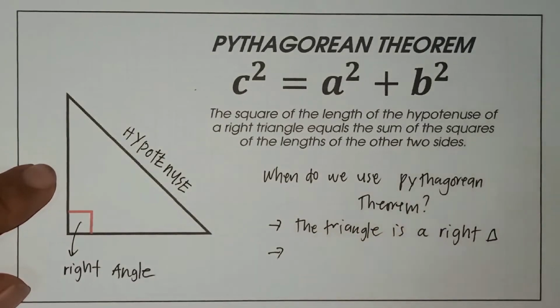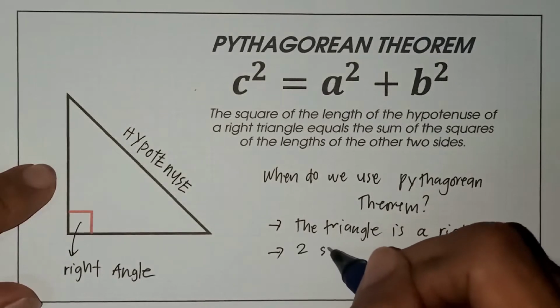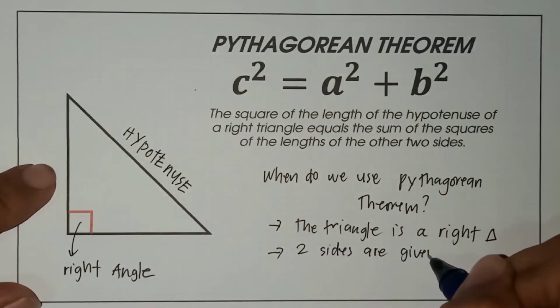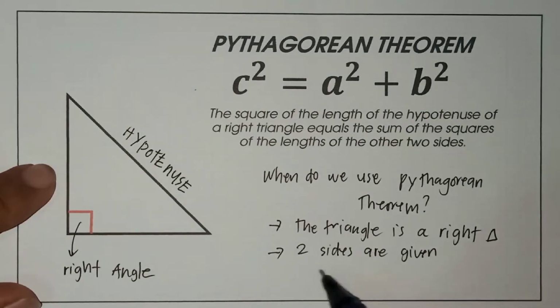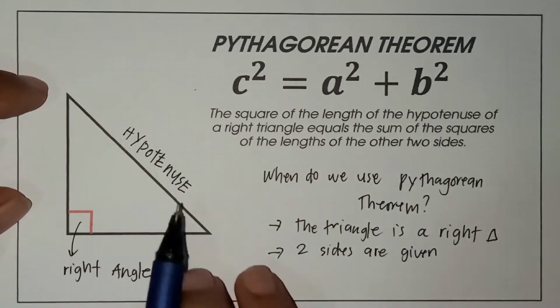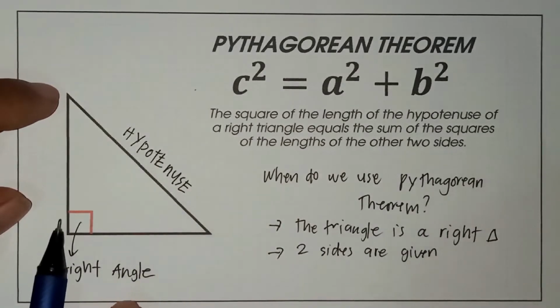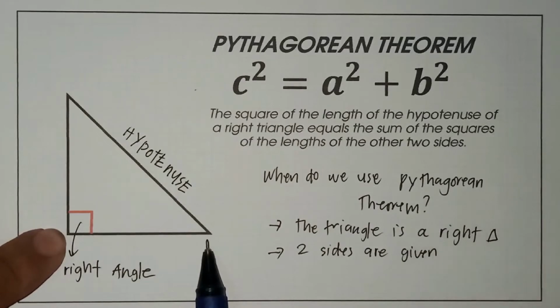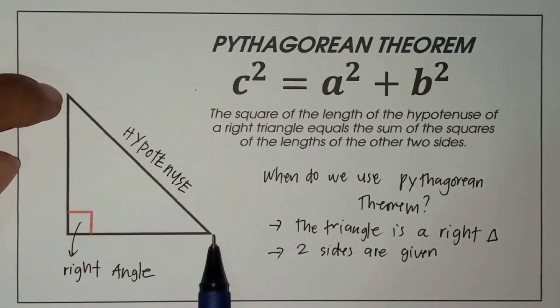The other requirement for using the Pythagorean Theorem is that two sides are given. Once we say two sides, we have three sides in a triangle. It can be the hypotenuse and one of the legs, or one leg and the other leg, or the other leg and the hypotenuse.